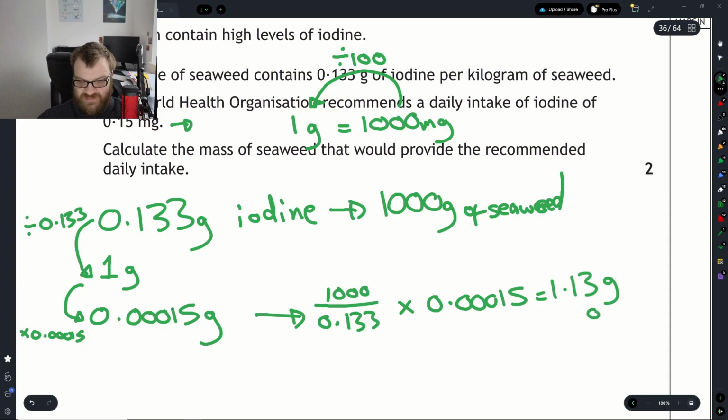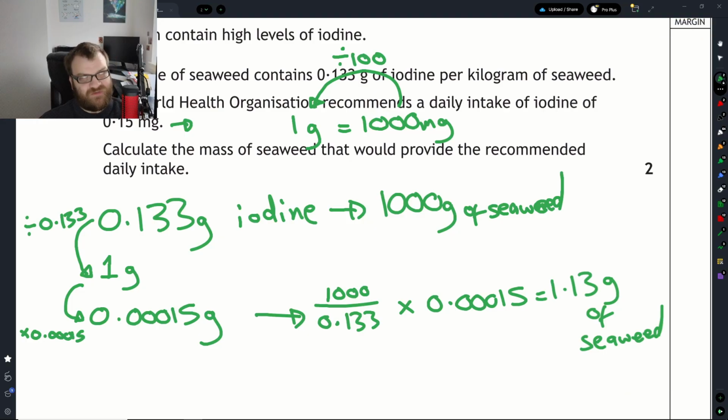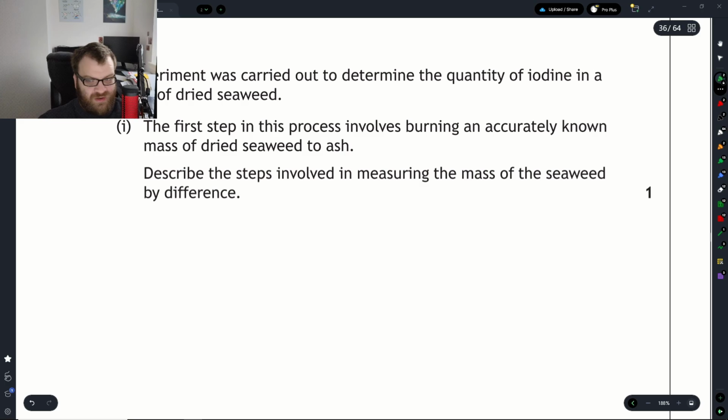That's going to be grams. If you had kept it in kilograms, you'd end up with 0.00113 kilograms, so 1,000 times smaller as a number. Include your units, as long as it matches up correctly, you'll get the mark for that one.